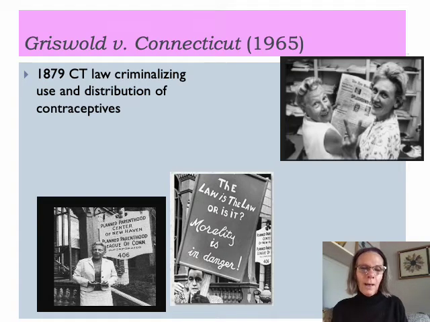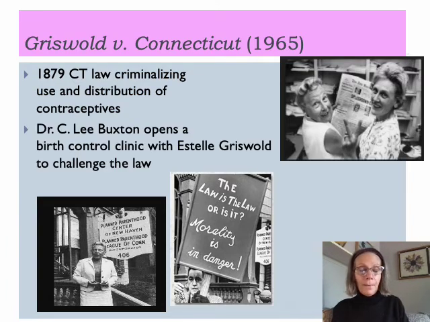And so people in Connecticut who were concerned about reproductive freedom wanted to challenge this law. They viewed this law as being unconstitutional. And so they actually set up a clinic: Dr. Lee Buxton opens a birth control clinic with Estelle Griswold, who is the director of Planned Parenthood in New Haven, Connecticut.